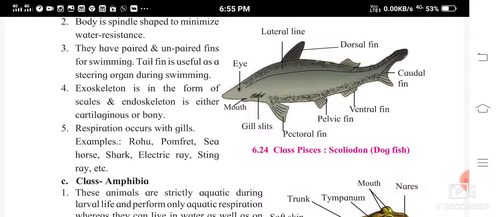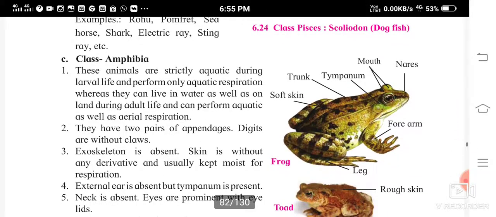Okay, now see, the next one is class Amphibia. Now these animals are strictly aquatic during larval life and perform only aquatic respiration, whereas they can live in water as well as on land during adult life and can perform aquatic as well as aerial respiration. Now you have seen frogs, isn't it? Yes.